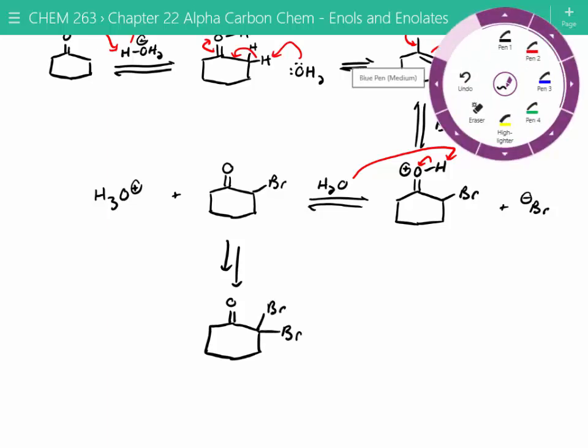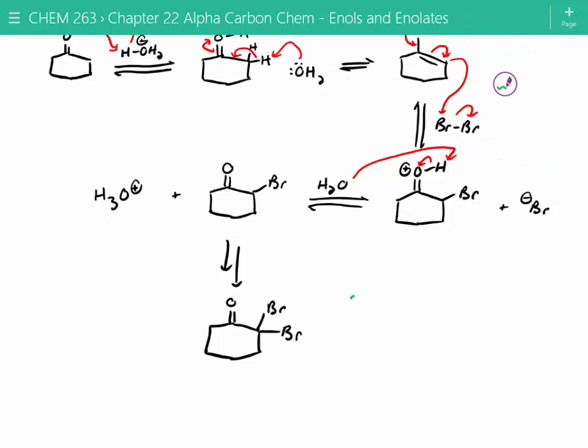So the one caveat with this reaction is that it often results in over-bromination. And that's why the yields sometimes are considerably lower than what we're used to seeing for these.